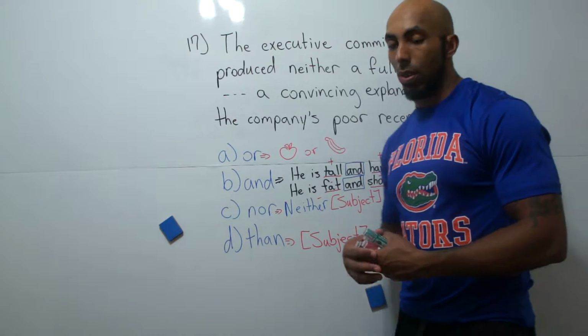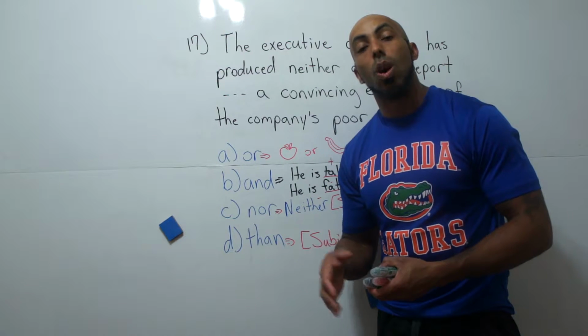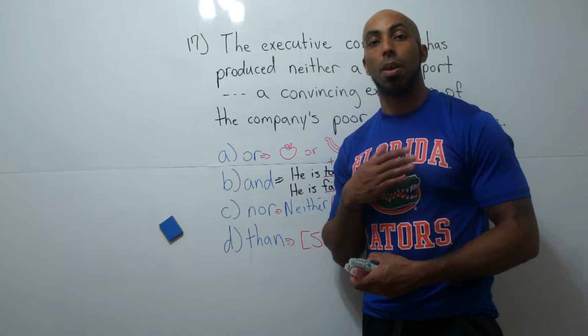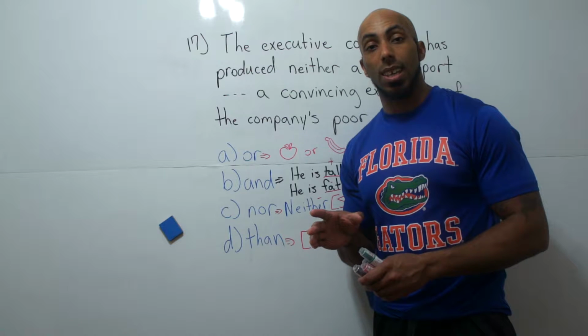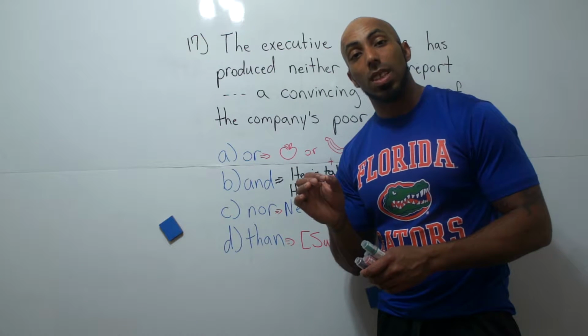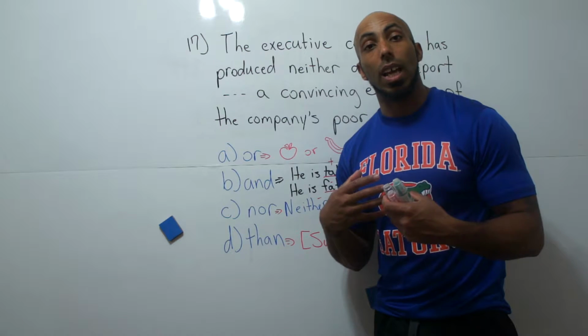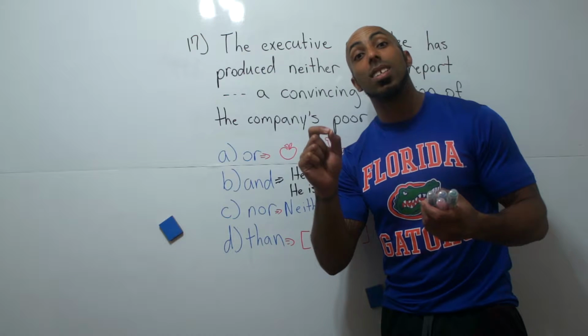So for example, I could say, neither I nor my friend wants to wake up early. Now I am the subject of that sentence and my friend is the object. Now what that sentence is saying is, it's not talking about the inability for us to be able to do something, but it is talking about, I was going to say it's not the lack of, but actually it is the lack of.